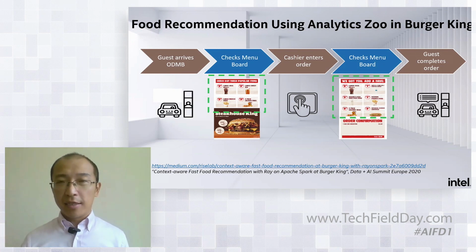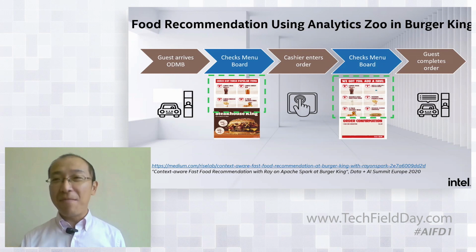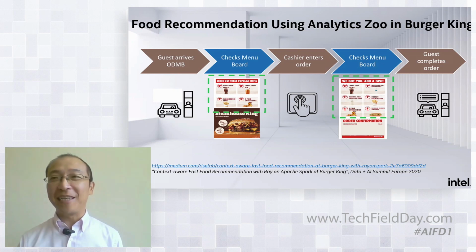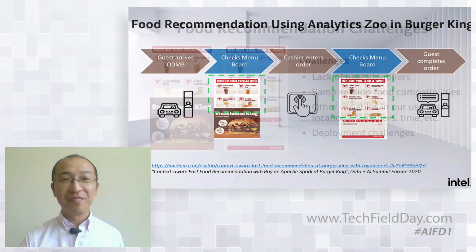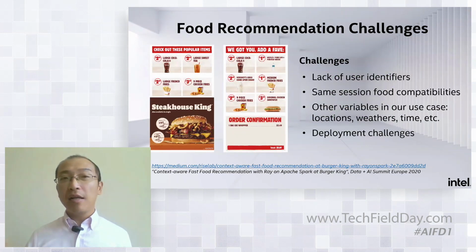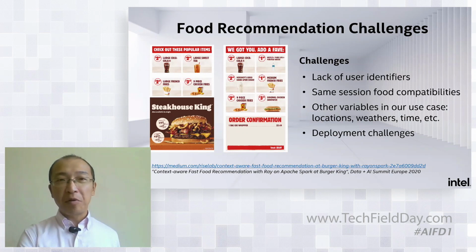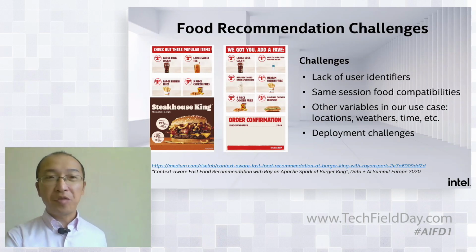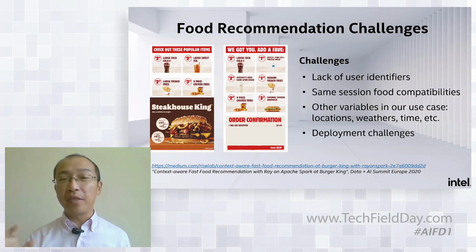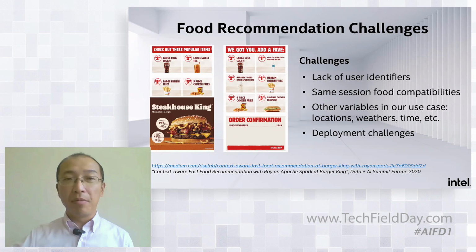That's, as I mentioned before, AI is really moving everywhere, right? Even if you are selling a hamburger, you are trying to use AI to improve that process. On the other hand, food recommendation, especially drive-through fast food recommendation, is a bit different from the conventional recommendation on your shopping website, on your e-commerce.